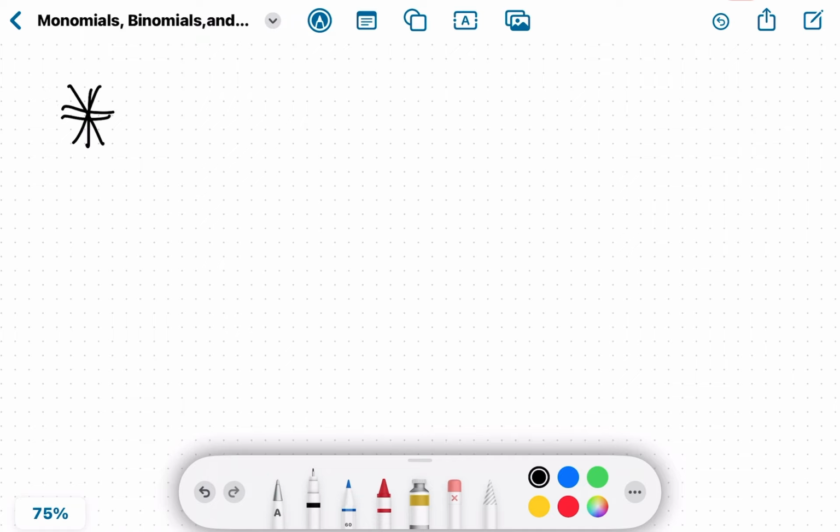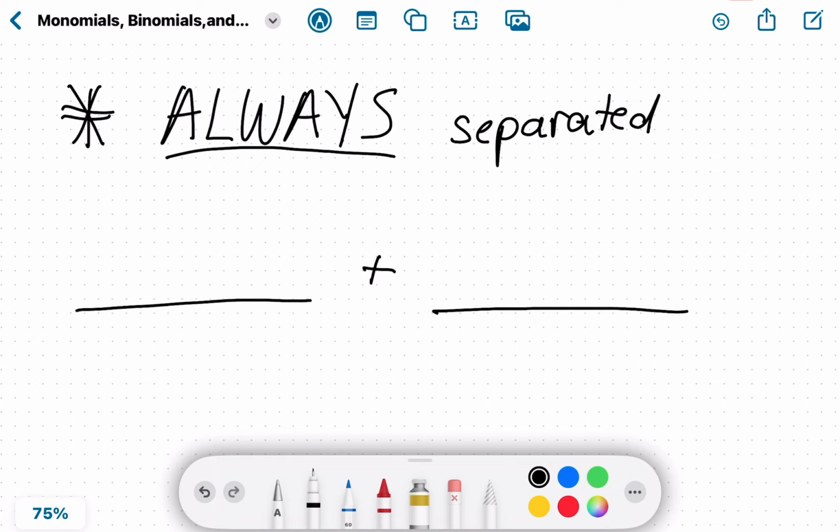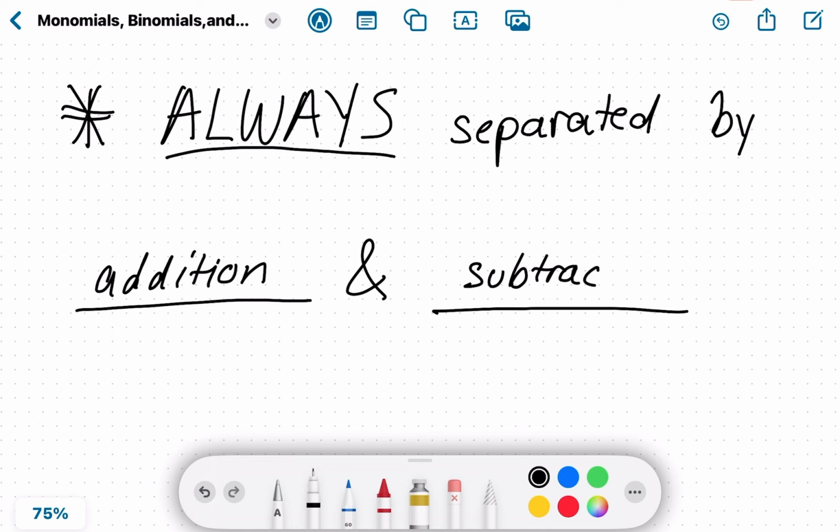Remember, terms are always separated by, let's fill in the blanks, addition and subtraction only.